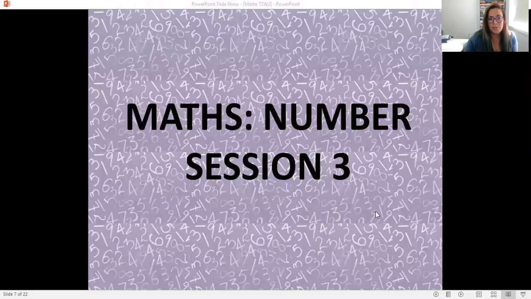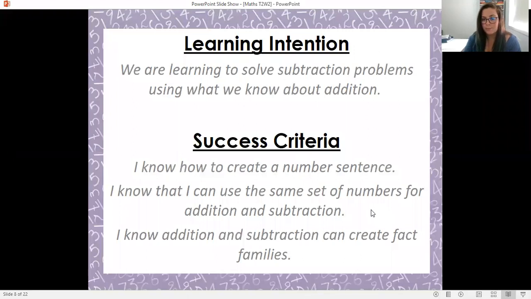If you need any help, or even if you just want to check in with how you're going. Alrighty, so for today, we are doing our third number session, continuing on with subtraction. Our learning intention for today is that we are learning to solve subtraction problems using what we know about addition.